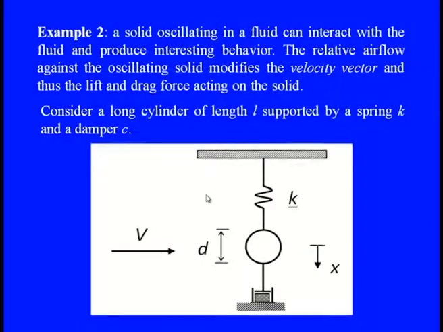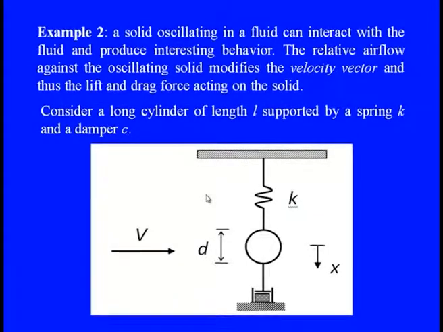So we have clear drag forces, the velocity is moving, and you see here the mass oscillating at that point, and thus the lift and drag forces are acting on this solid. Now you can see on the diagram the spring and the damper attached there, and the velocity vector is going in that direction.